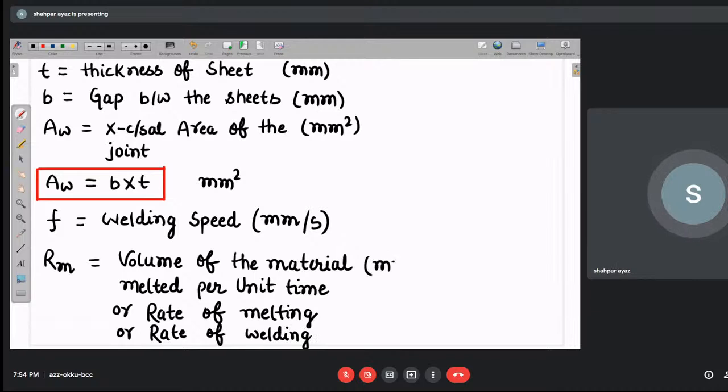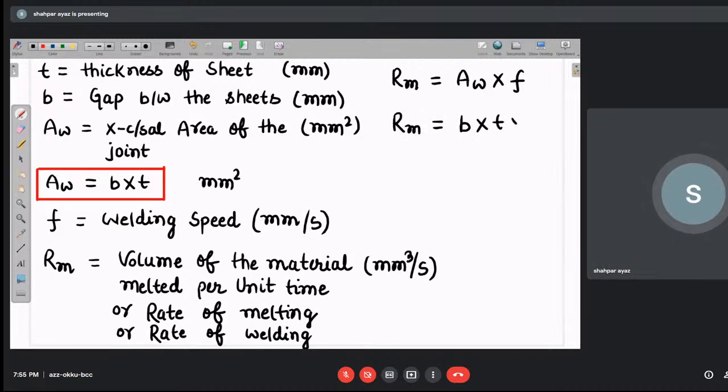So this is your mm cube per second. We can calculate this RM, quite simple. RM is your area of the weld into welding speed. Area of the weld is B into T, into F. B into T into F.